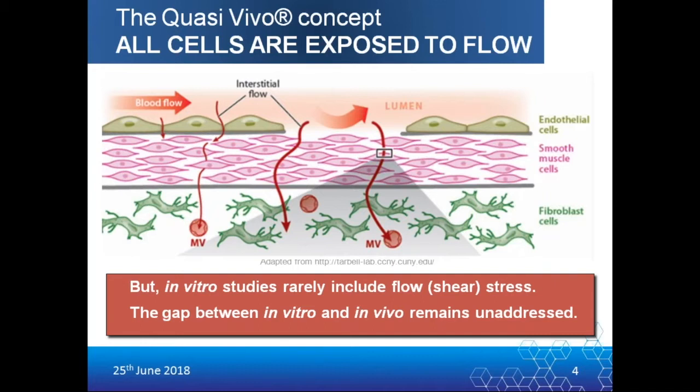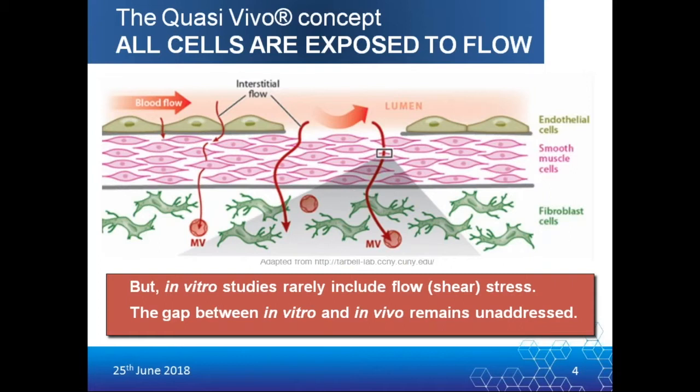However, most in vitro modeling studies do not include these important physiological elements in their models. The gap between the in vitro and the in vivo models remains unaddressed. The predictability of current preclinical studies is low. These lead to high failure rates, costing the drug discovery industry astronomical sums at late stage of clinical trials.